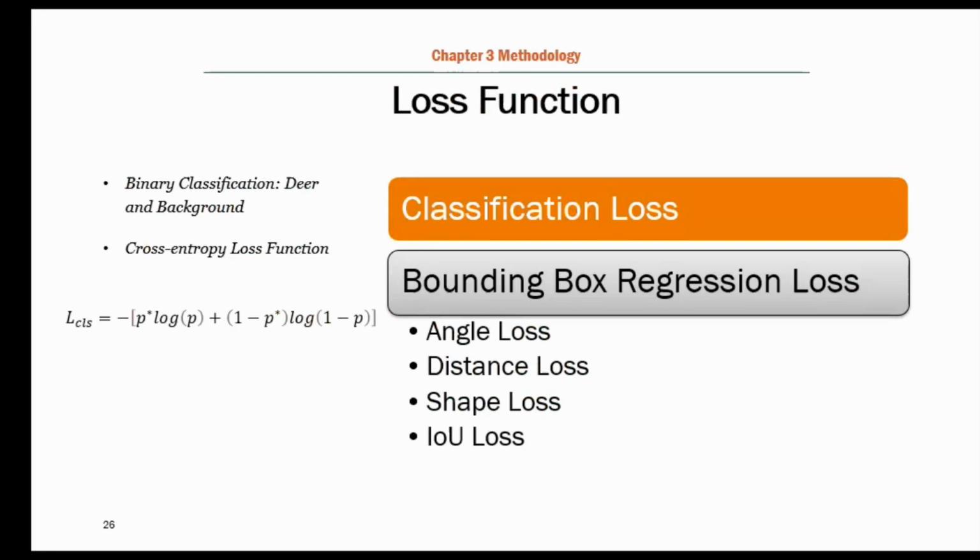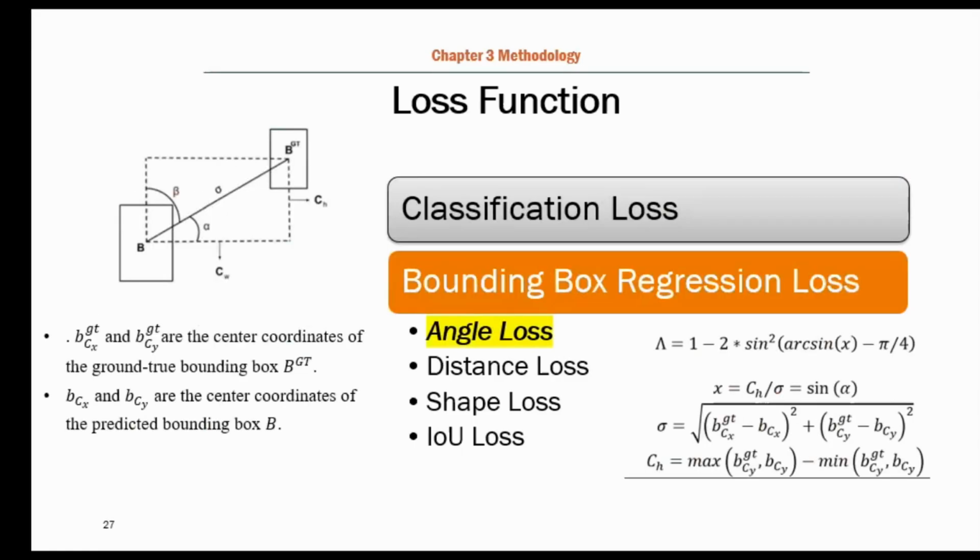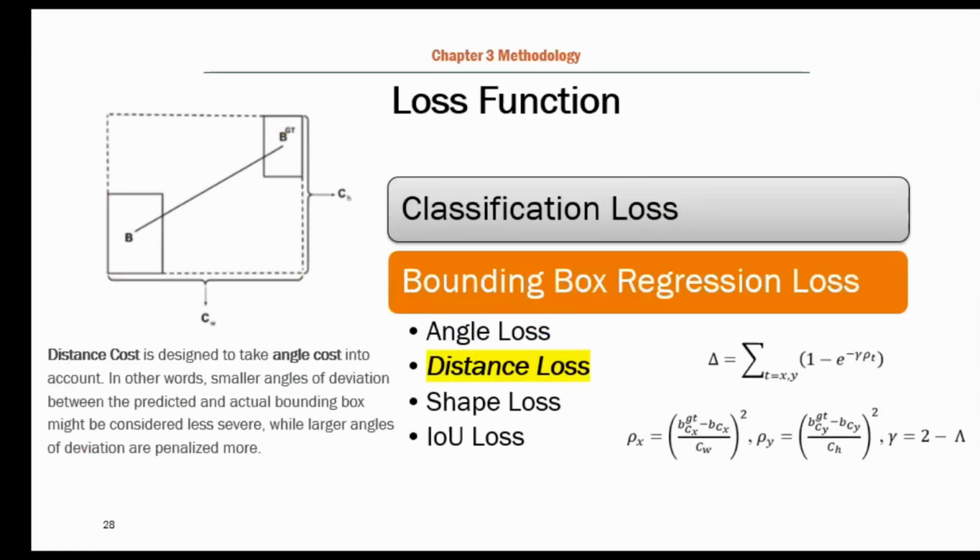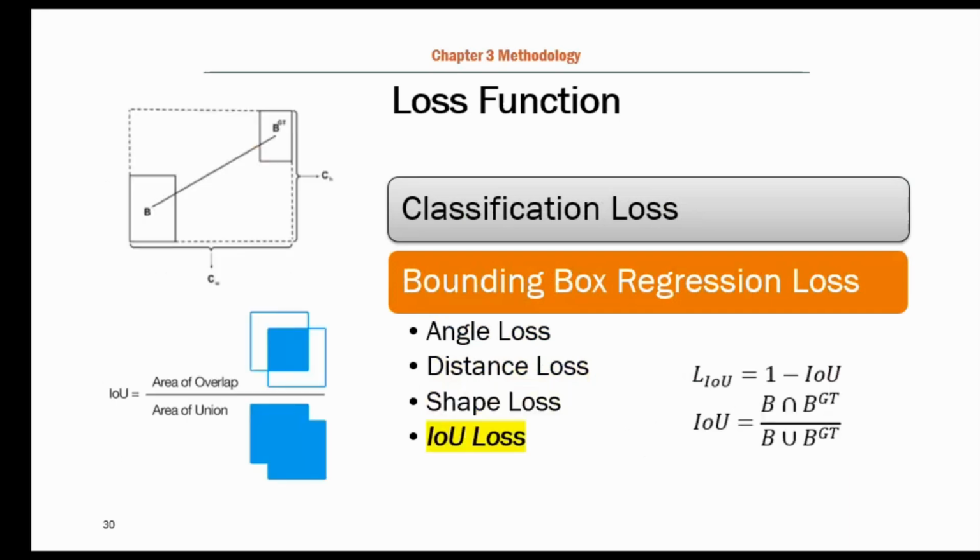In my model, I use a classical loss function, cross entropy, to calculate the classification loss. And for the bounding box regression loss, I use four functions to estimate it. The first is the angle loss, and the second is distance loss, shape loss, and IOU loss.